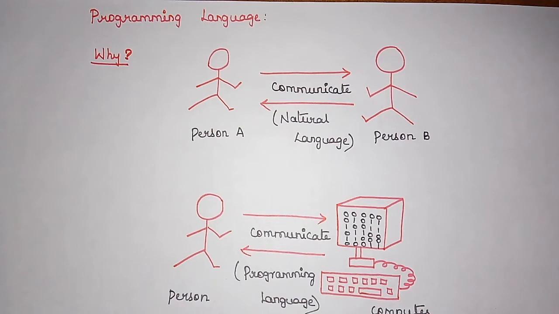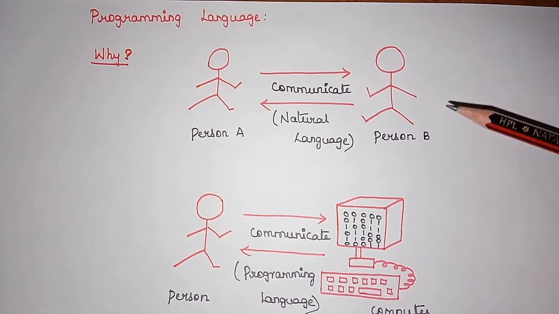Starting with the programming language, first we should know why we are going for a programming language. Generally when a person communicates with another person, we can use natural languages so that a person can understand what another person is saying.